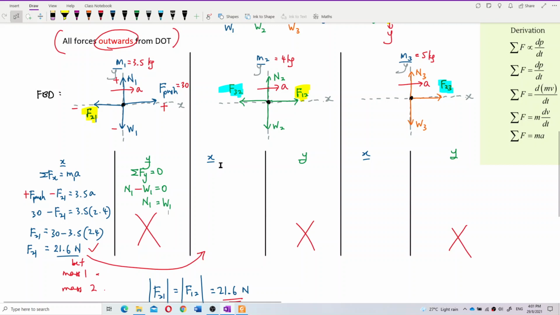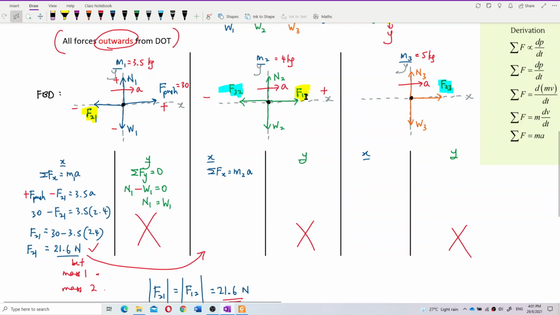Now look at mass 2, the X component. It has acceleration, so total Fx is equal to mass 2 times a. Follow the acceleration is positive force, opposite the acceleration is negative force.